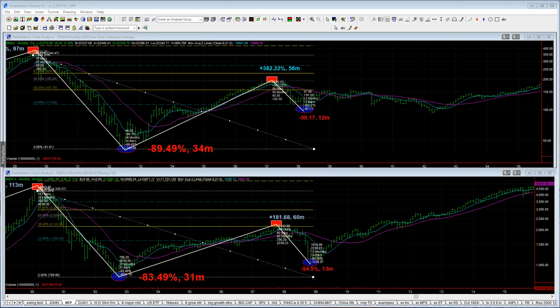The Dow finishing in 1932 and Nasdaq finishing in 2002. And notice that each of these are separated by approximately 70 years as well.